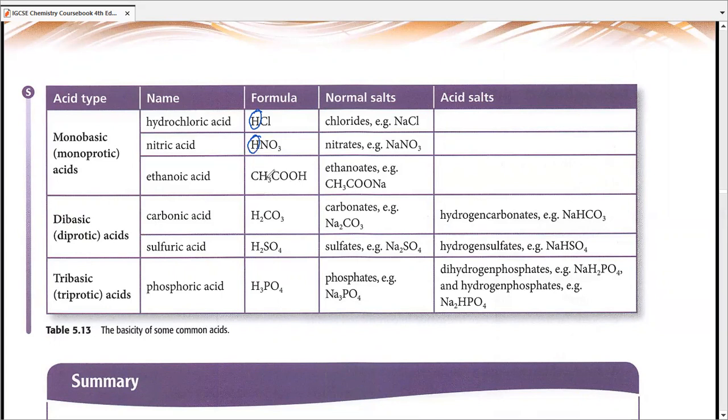Although ethanoic acid has four hydrogens, only this one can be given out as H positive, so only one. These three have one hydrogen ion per molecule. If you look at carbonic acid, this is capable of giving two hydrogen ions. Sulfuric acid, two hydrogen ions per molecule. So dibasic or diprotic. Phosphoric acid is a great example of tribasic or triprotic acid.